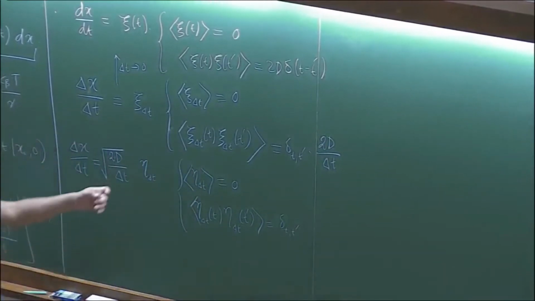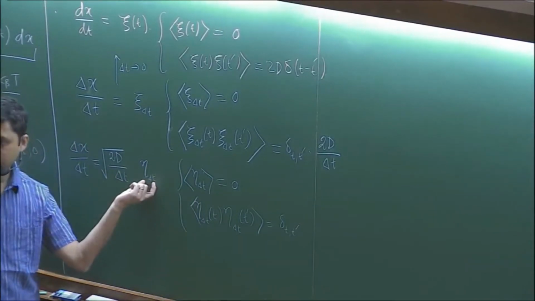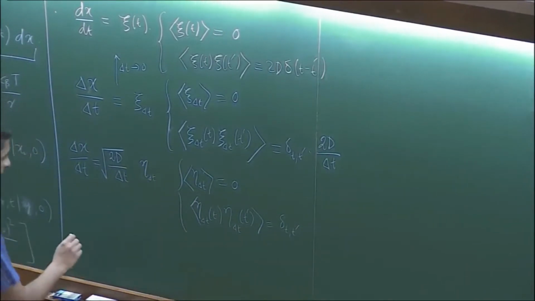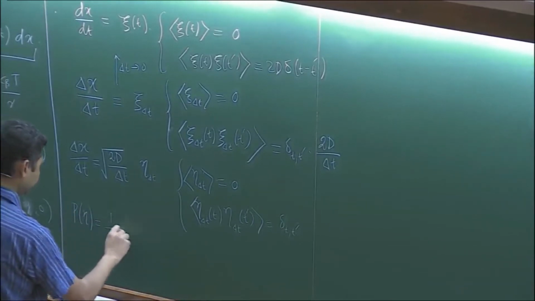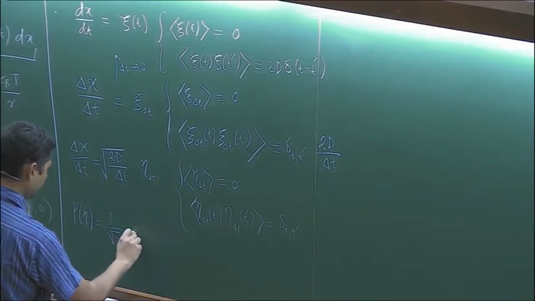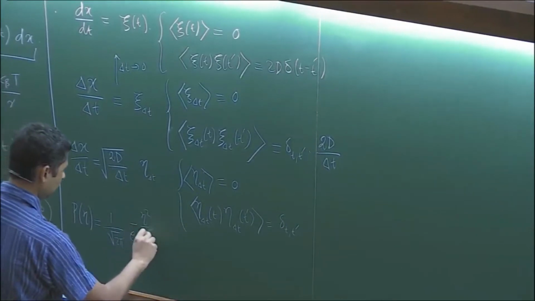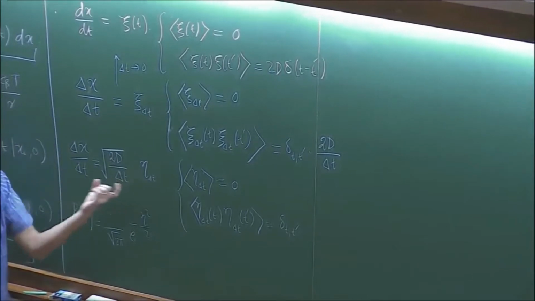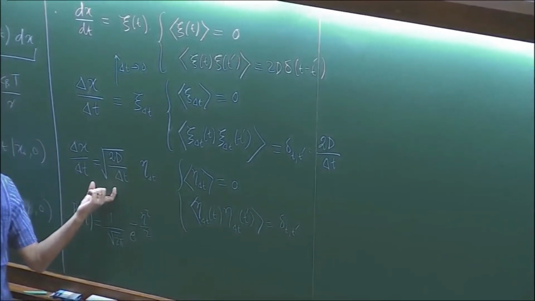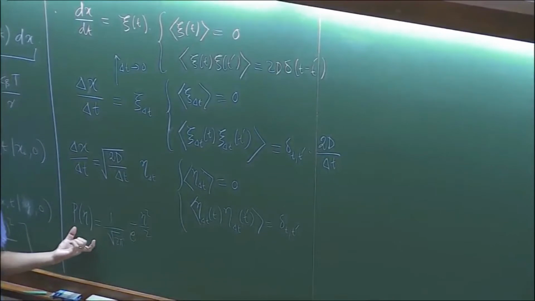So basically this is a random variable drawn from a distribution, which says that p of eta is given by 1 over square root of 2 pi, e to the power minus eta square by 2, right? So if you are doing a simulation, this is how you will evolve, where eta is drawn from this distribution.